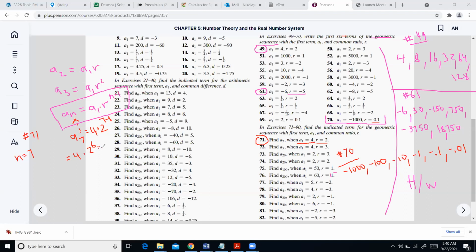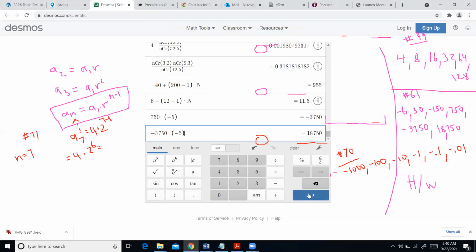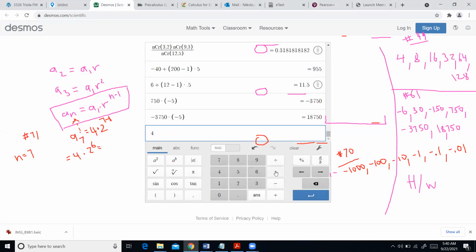And why don't I just use a calculator? Because these terms might be pretty large. So let's multiply 4, right? By 2 to the power of 6. 256.